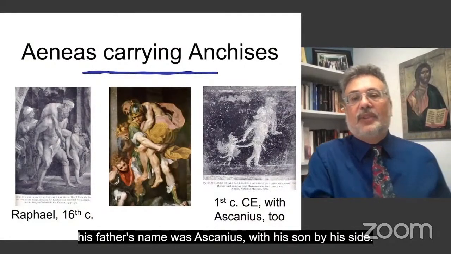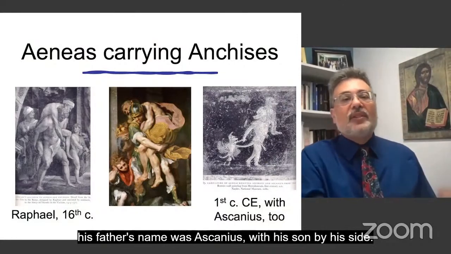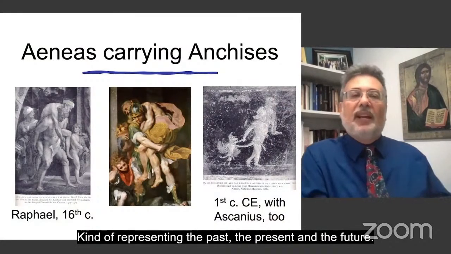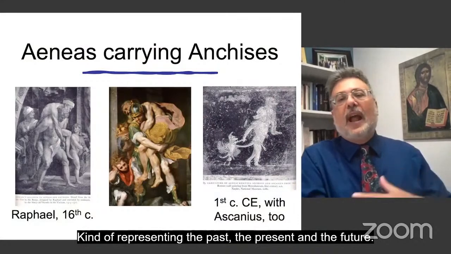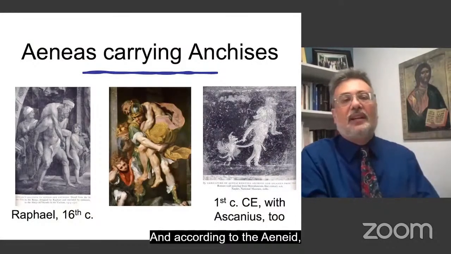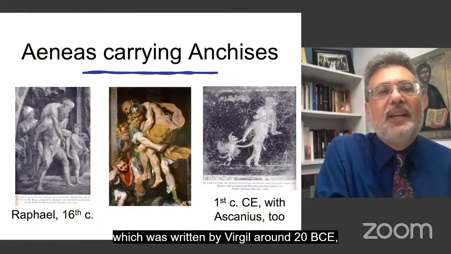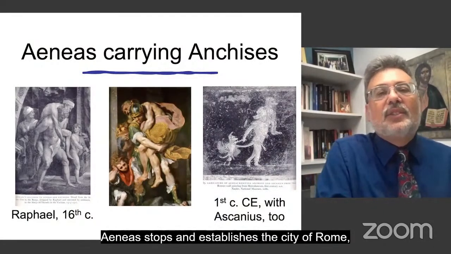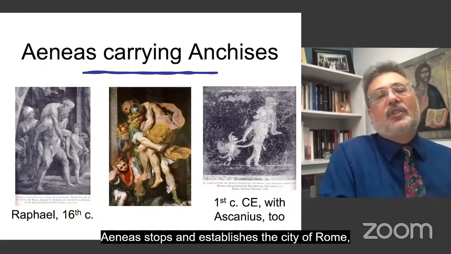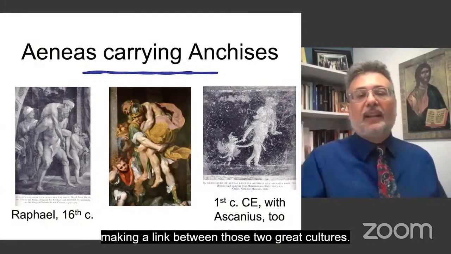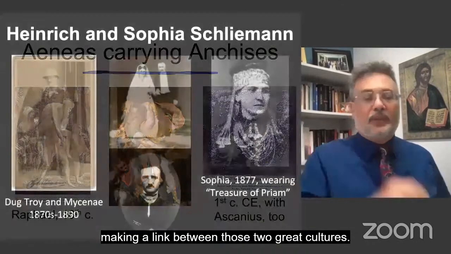His father's name was Ascanius, with his son by his side, kind of representing the past, the present, and the future. And according to the Aeneid, which was written by Virgil around 20 BCE, Aeneas stops and establishes the city of Rome, making a link between those two great cultures.